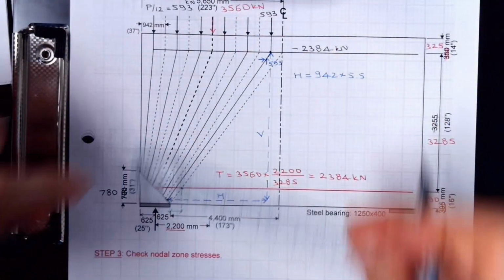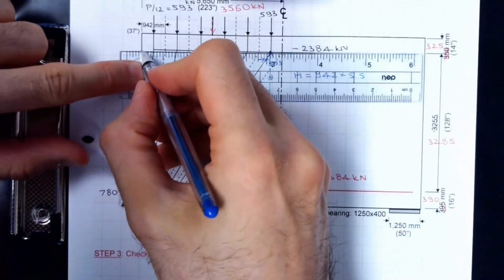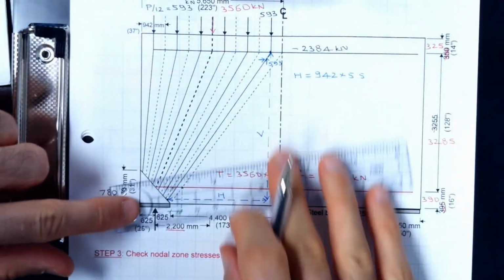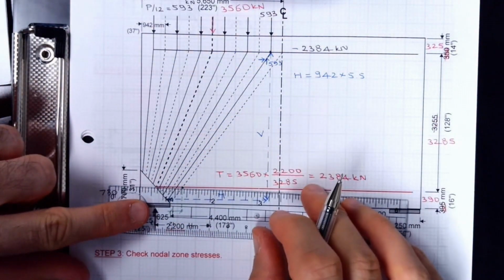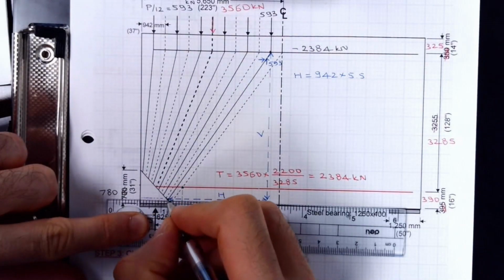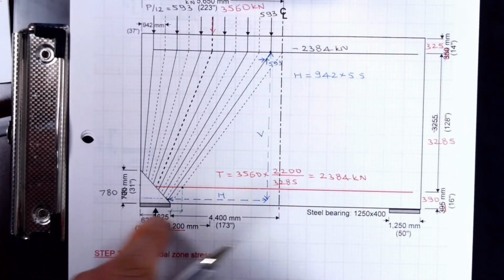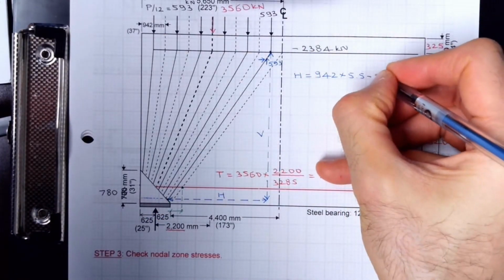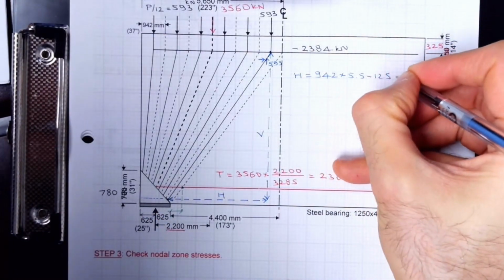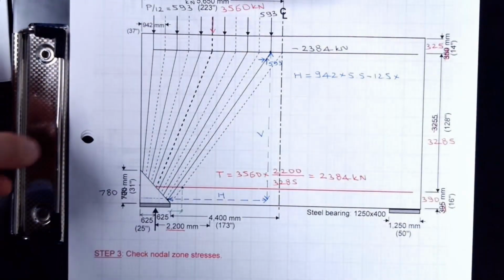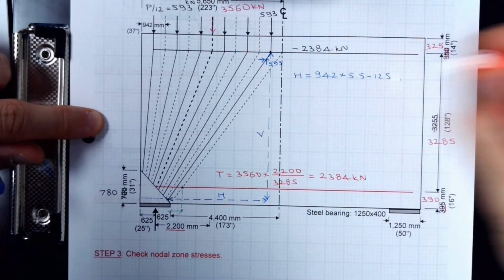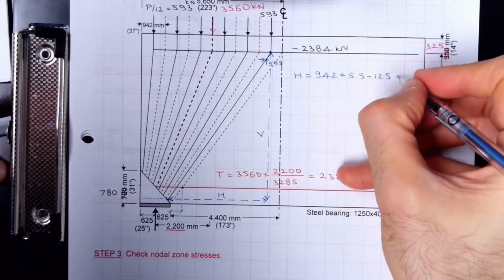What I'm measuring right now is the full distance from the edge to that point. What I need to deduct is this much. So this is the one which I would like to deduct from this number. The entire width is 1250 minus 1250 times 11 divided by 12, because this is divided by 12.